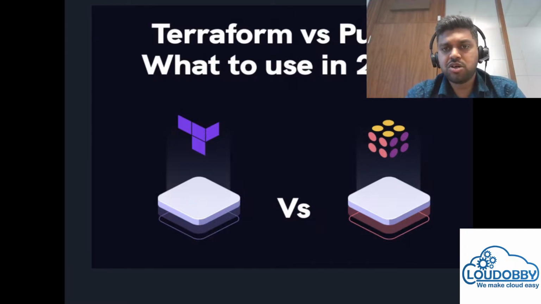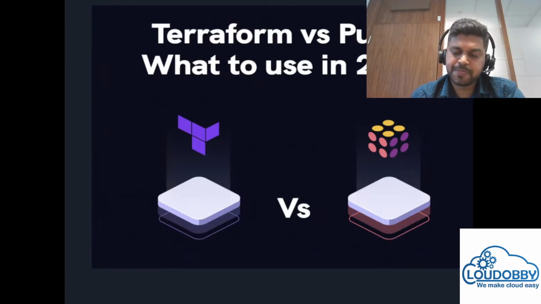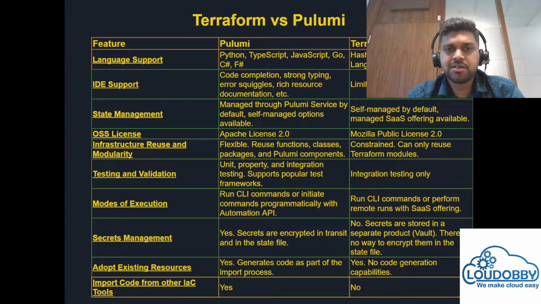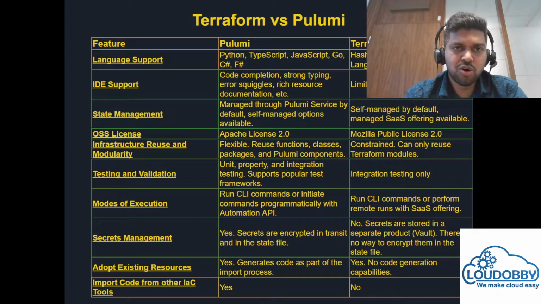Then the most important discussion in 2022 is which is the better IaC tool to use, Terraform or Pulumi. There are many features which we can compare, but I have highlighted some of the important ones here. I'm not going to go through all of them because you have everything in the documentation itself.